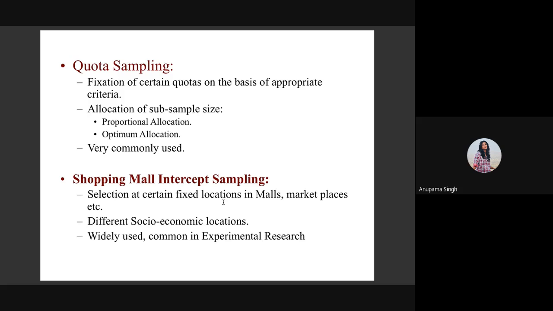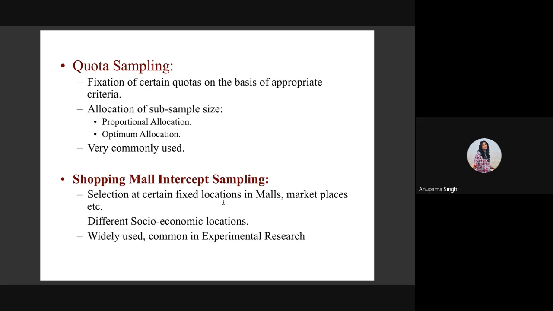You all might have experienced this, because whenever we go to the shops, they get feedback filled from you, that is one kind of sampling again. Some people fill it and some don't, right? So we are taking feedback, that is a questionnaire, and taking information on that basis. Different socio-economic information, location can be a factor, right?